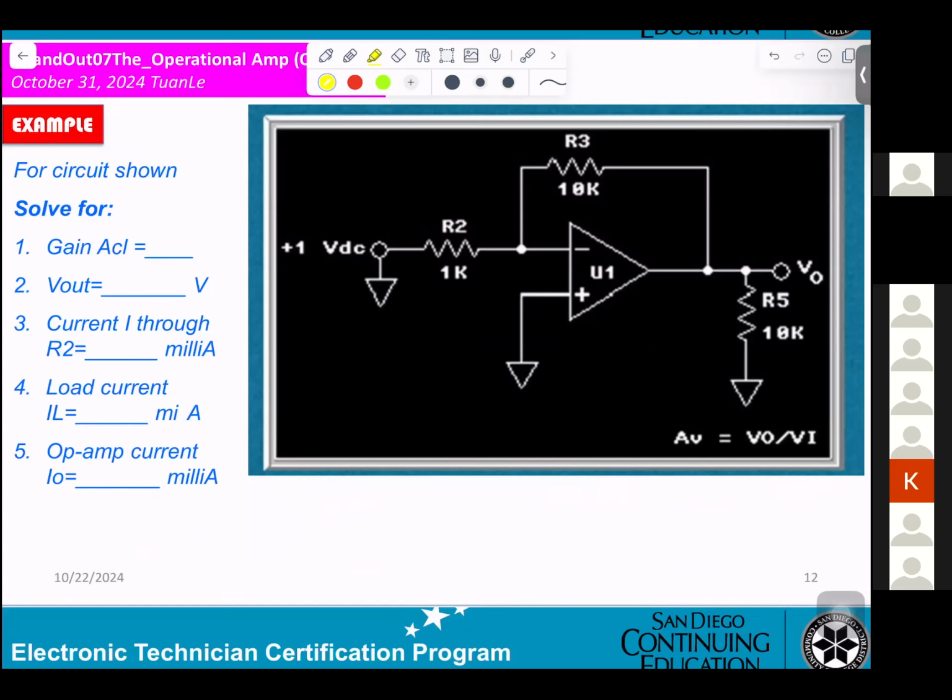First thing they want is the gain. The gain is minus R3 over R2. What do you get? Okay, hold on, let me grab my calculator. Yeah, you guys have to calculate for me.